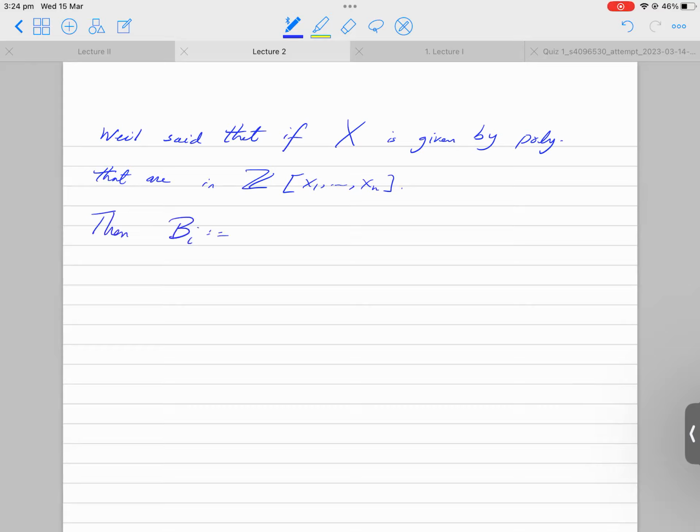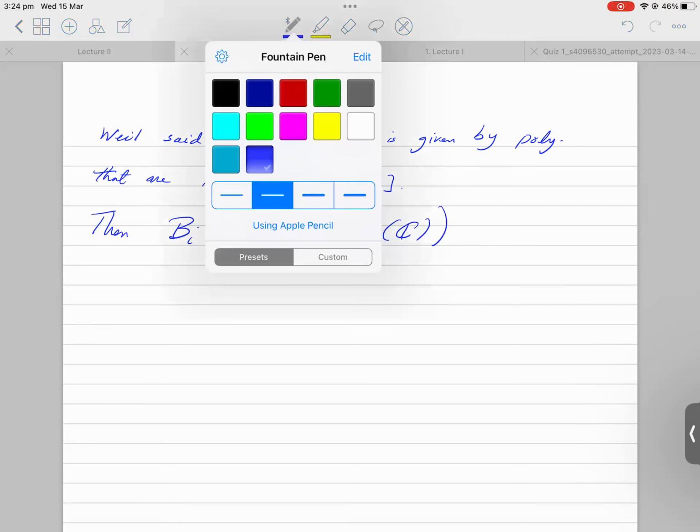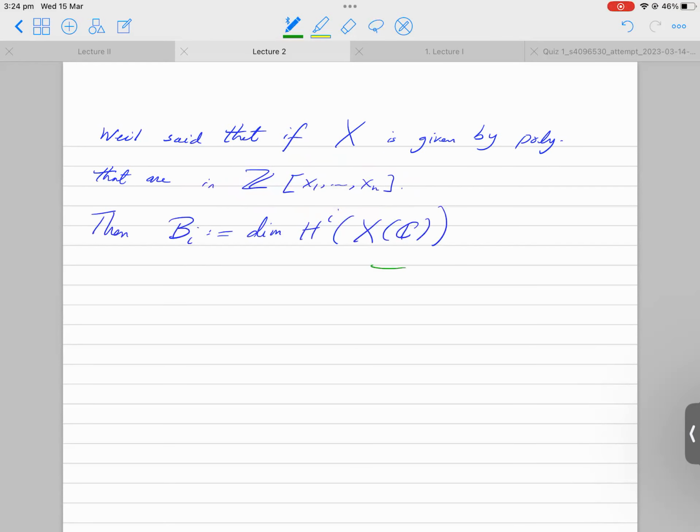these b_i that you're seeing are exactly the dimensions of the cohomology groups of X, the C-points of X. The C-points of X form a complex manifold, because we're assuming non-singular. And these b_i are known as the Betti numbers. So what Weil explained was that the b_i coming up in the Weil conjectures are actually the Betti numbers of the associated manifold.